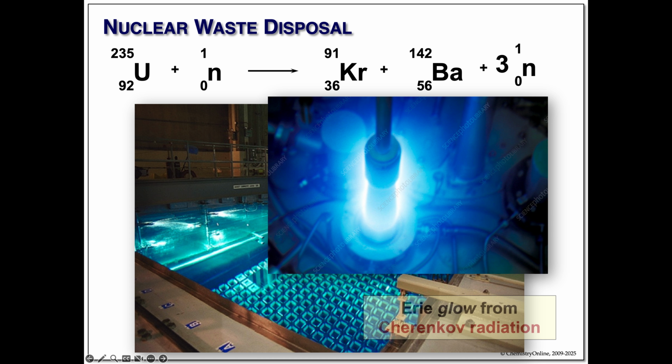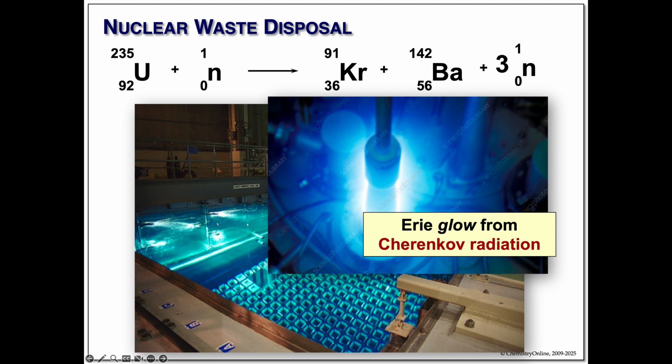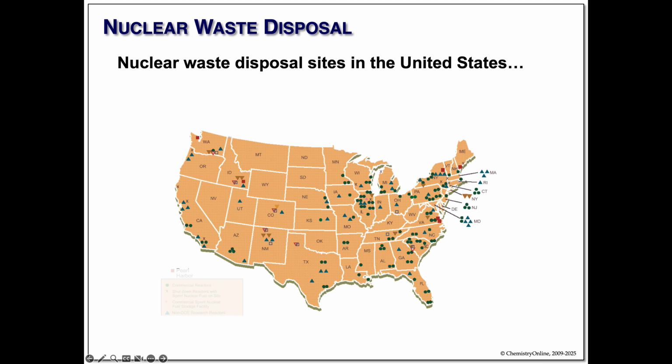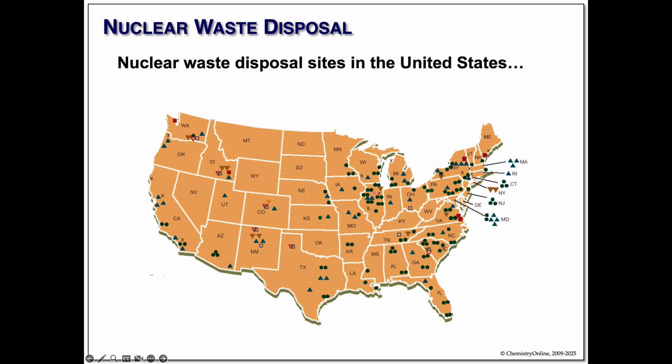This is the Cherenkov radiation. Again, it's from the neutrons interacting with the water surrounding it. Kind of an eerie looking stuff. The problem with nuclear power is when you're done with these control rods, what do you do with them?